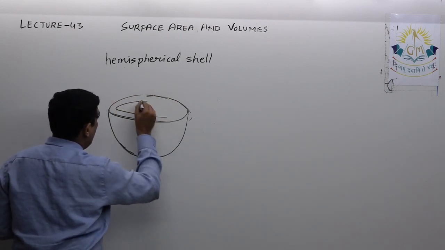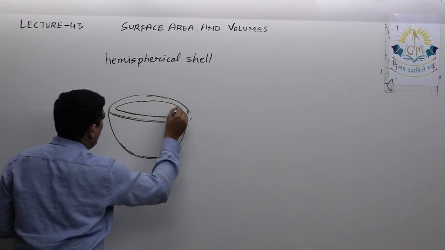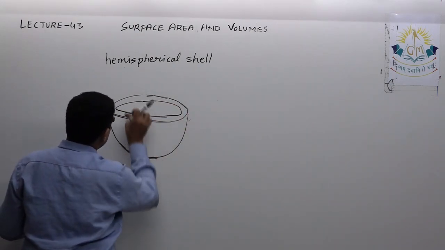An example of a hemispherical shell, we can say a bowl is exactly in the shape of a hemispherical shell.